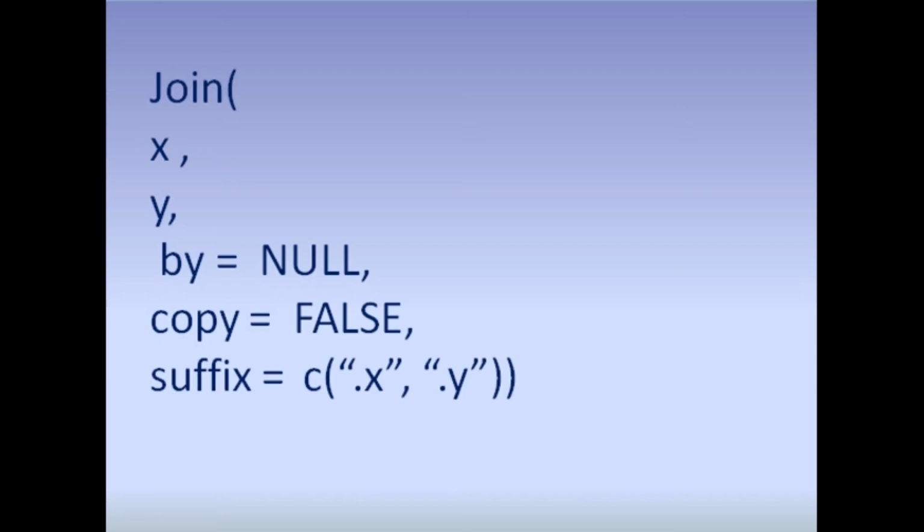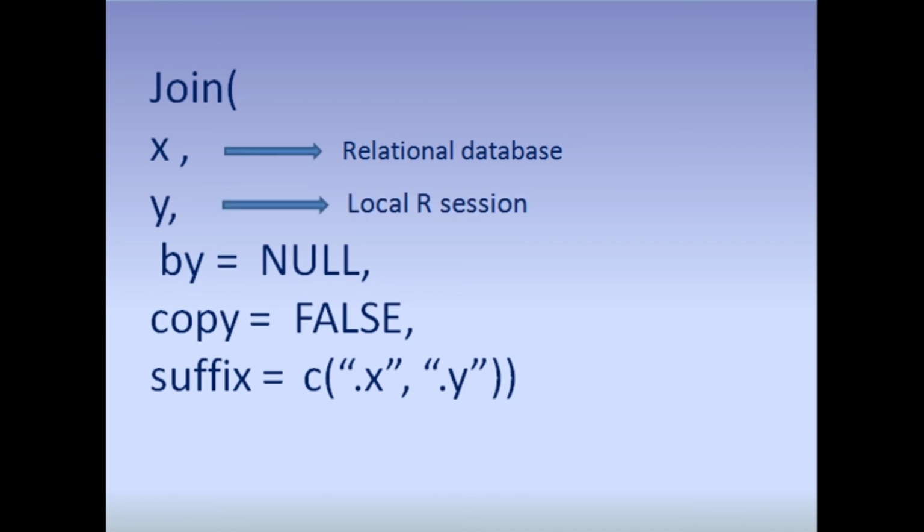There are two other arguments in the join functions, copy and suffix. Copy is included because X and Y might exist in different data sources. For instance, X might exist inside a relational database and Y might be a data frame in a local R session. So if copy is set to true, Y is copied to the environment where X exists.